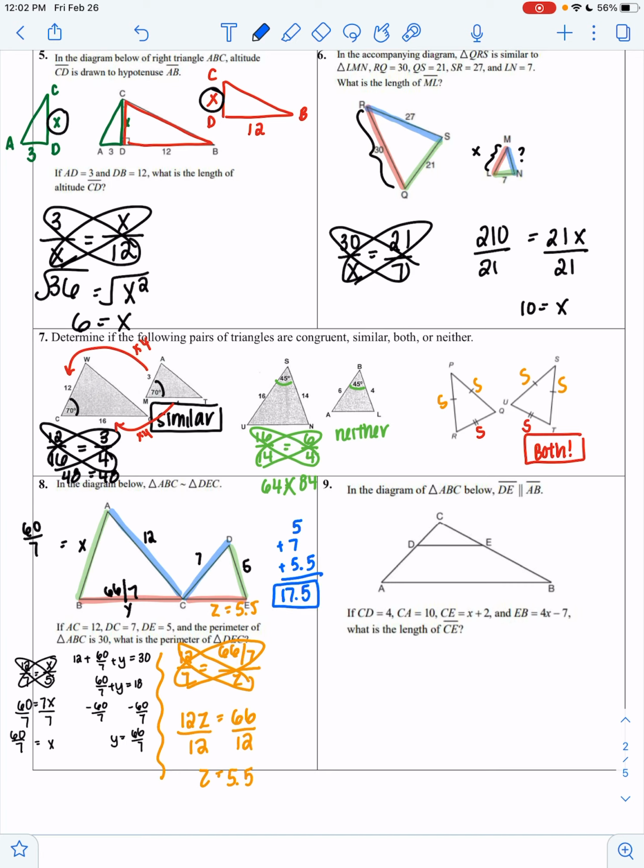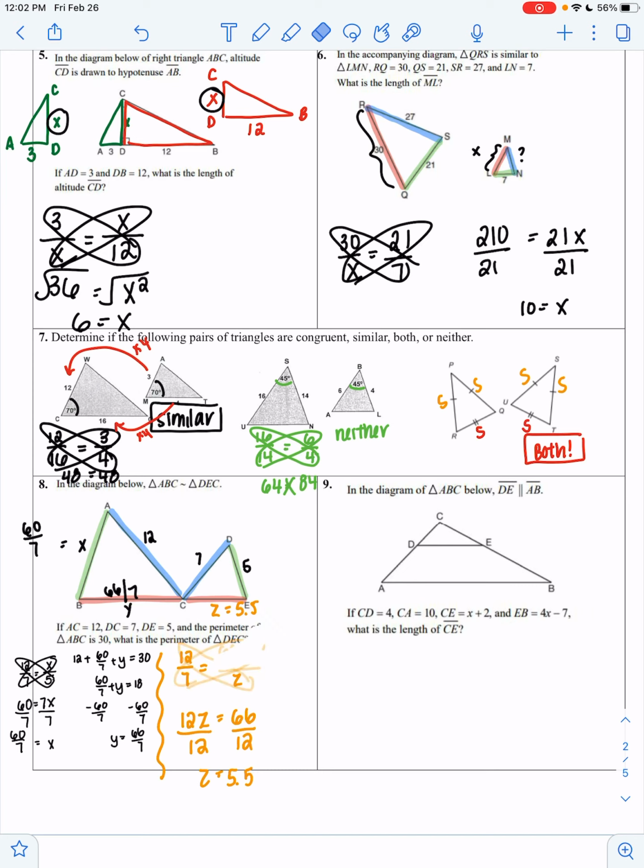Now, there is an easier way to do this problem. Give me 1 second. Okay, so there is an easier way to do this problem.